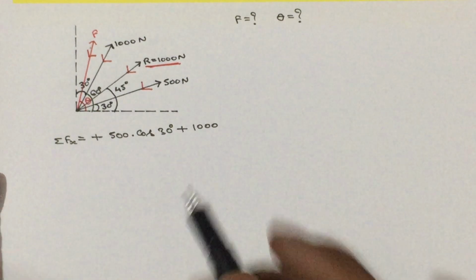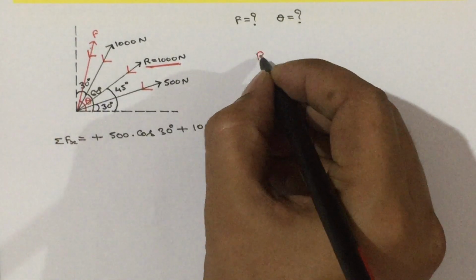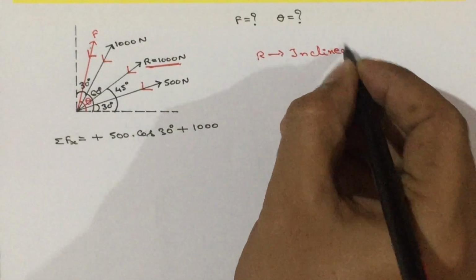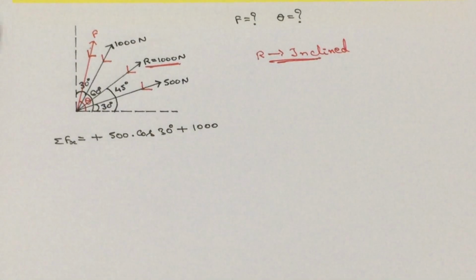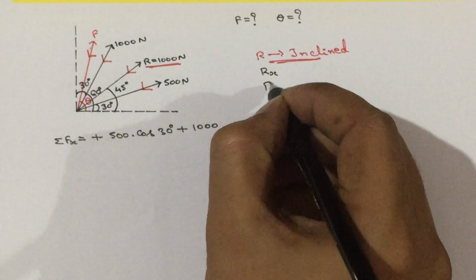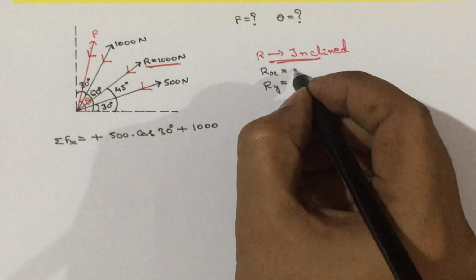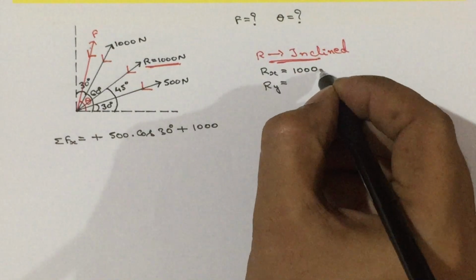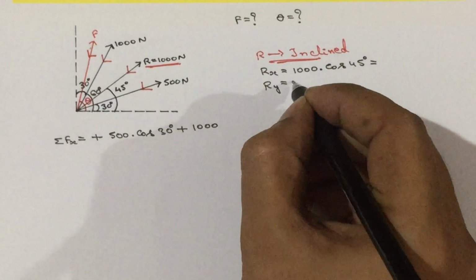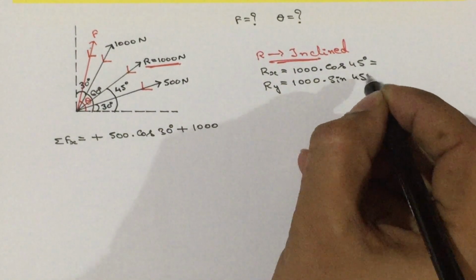So, one minute guys, since R is given, since the resultant is given and the resultant is inclined, then the components are Rx and Ry, that is given by R cos theta, R sin theta, that is 1000 into cos of 45 degree, 1000 into sin of 45 degree, both are positive.